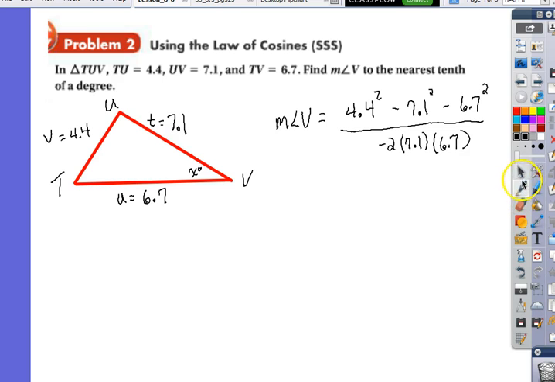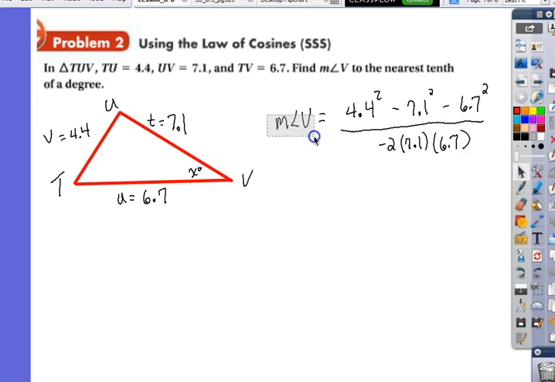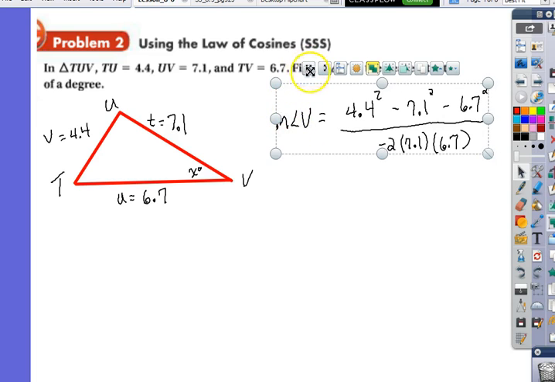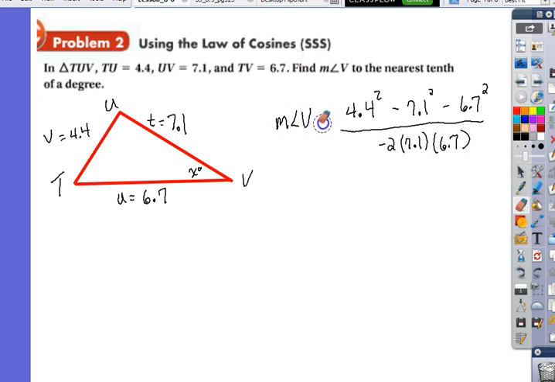And I need to have room for my cosine inverse. So really this is the cosine inverse of all of this stuff, and you can just put all of that in your calculator. So the measure of angle V, or X, or whatever you want to call it, is the cosine inverse of all of that stuff.